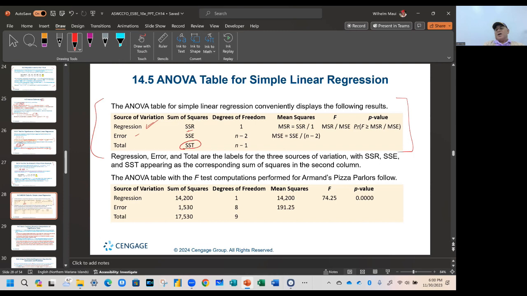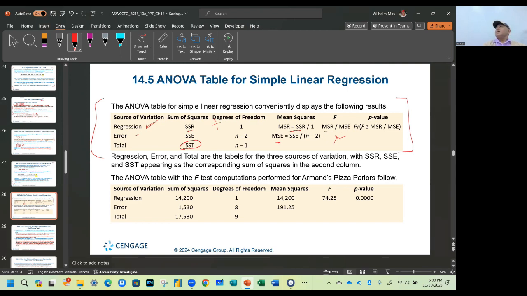You take your SSR and divide it by 1, and since your degrees of freedom is only 1, it turns out that MSR equals SSR, as we said in the previous slides. And then the mean square due to error is SSE divided by its degrees of freedom. Once you get that, you divide the MSR by the MSE to give you your F statistic. And then from there, figure out what the p-value is.